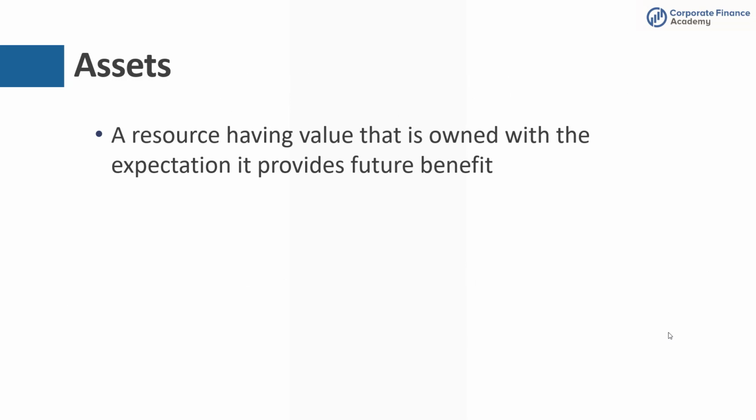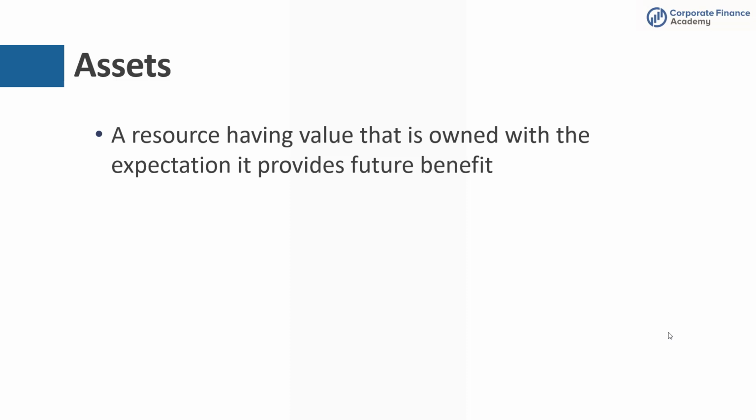So starting out, you have assets. A textbook type definition here would be, it's something that you own, and the expectation is that it provides a future benefit. So it's something that you can use going forward. Something like inventory, you can eventually sell it.